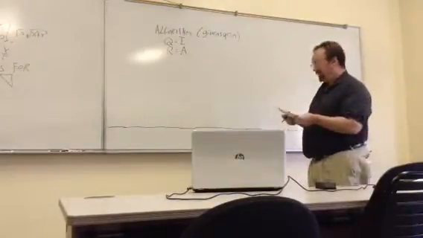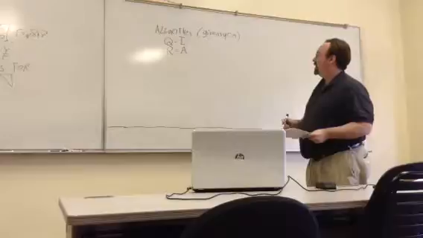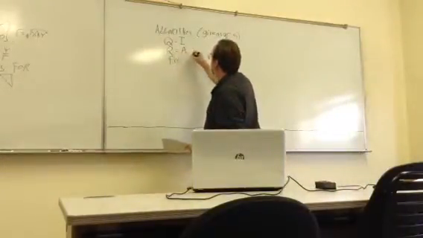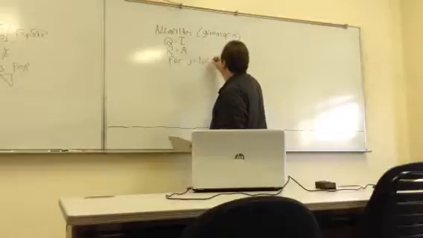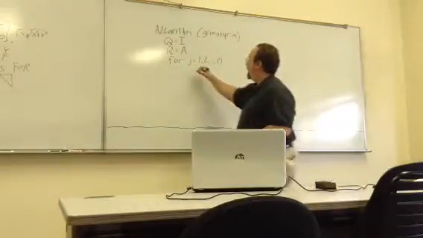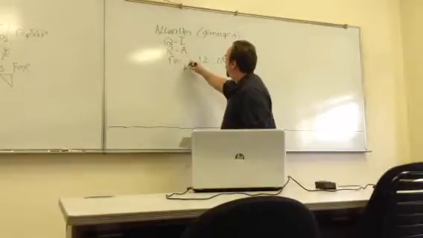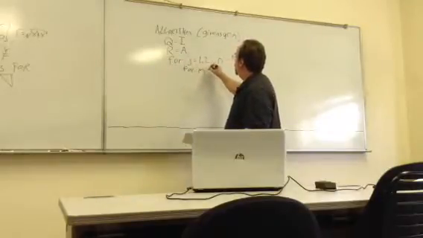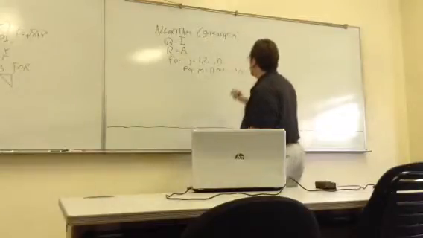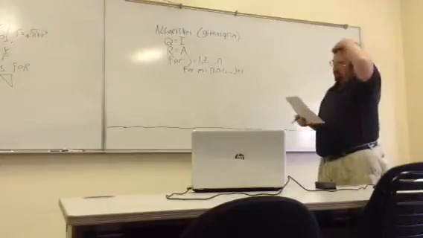Okay, gotcha. Thanks. Okay, so what I do is I loop over all the columns going from left to right, and then I loop over the rows starting from the bottom, going all the way to the row immediately below the diagonal.